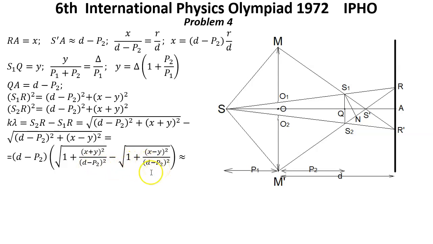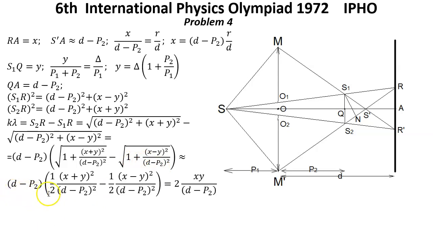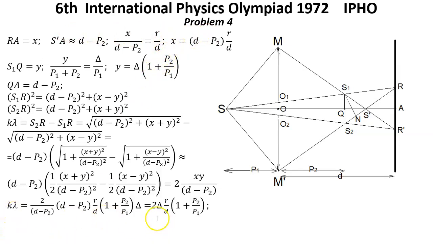So we can use approximation. That will be this expression. And after calculations, we have a simple expression: 2 multiplied by xy over D minus P2. And finally we can put x and y from the initial expressions, from the first and the second equations, and we have k lambda equal 2 delta multiplied by small r over D and multiplied by 1 plus P2 over P1.